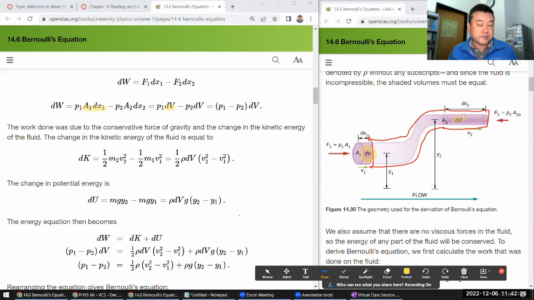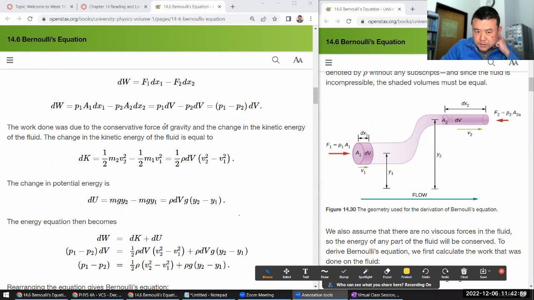That's how I was describing it: some fluid comes in here, the same amount of fluid goes out here. So the second equality makes sense. Now that they've gotten dV in the same form, they factored it out. So it's the pressure at one point minus the pressure at the other point. Okay, let's keep going. That line makes sense: dW is equal to the difference in pressure times the volume element.